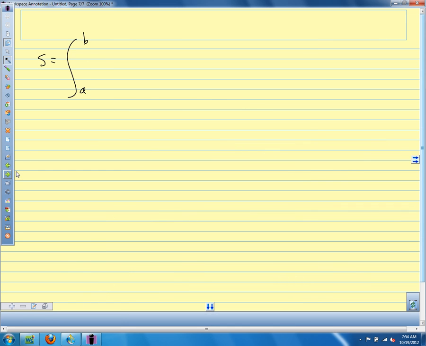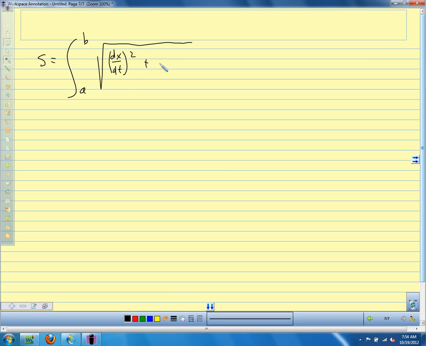So when I rewrite that, I end up with this big radical, dx dt squared plus dy dt squared, all over dx dt squared. And let's make sure we know that our radical includes the dx dt. And outside here, for dx, I'm going to say this is dx dt times dt.